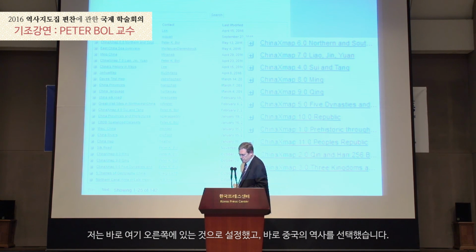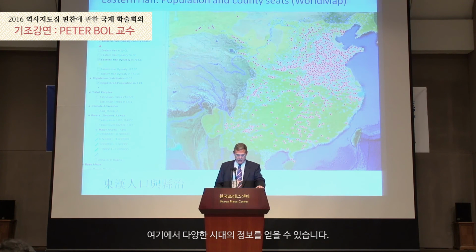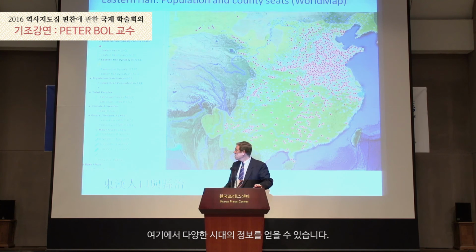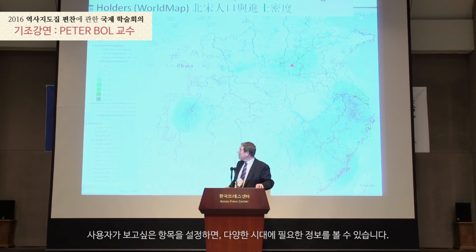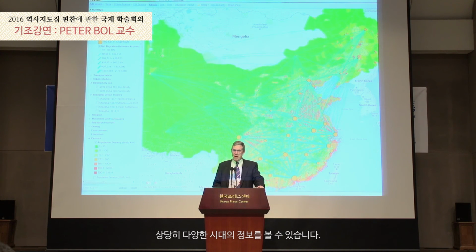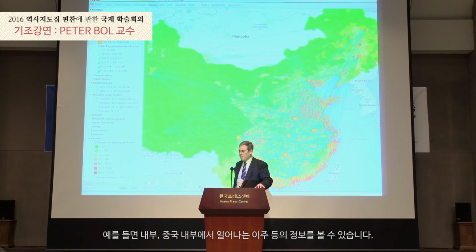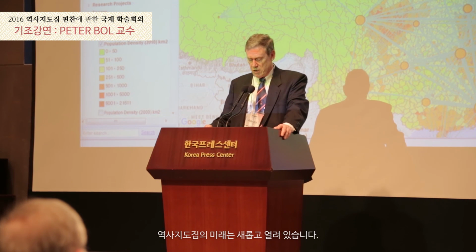I've just chosen the ones here on your right, which are for a course in Chinese history, where we can take information from various periods, give users the opportunity to choose what they want to see, begin to look across different periods, and this actually gives us enormous capabilities to go from antiquity into the present. In this case, you're looking at migration, internal migration within China. This is a new and open-ended future for historical atlases.